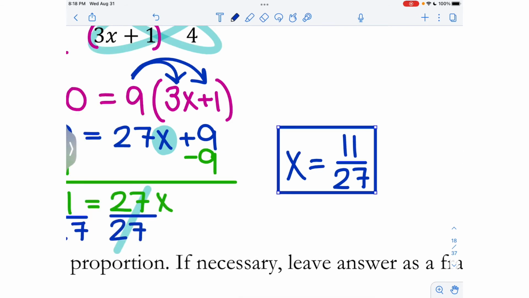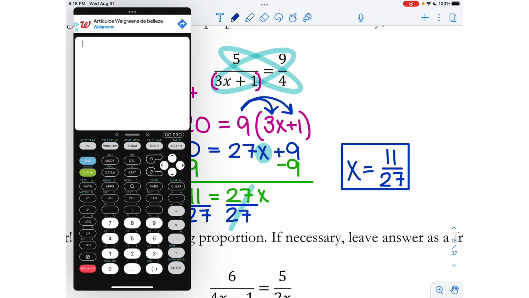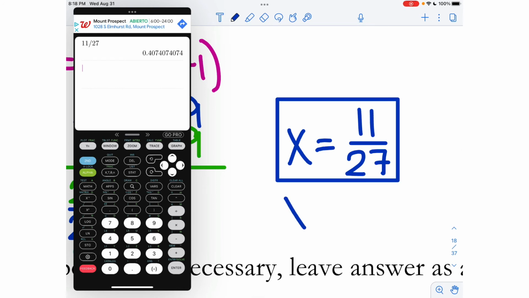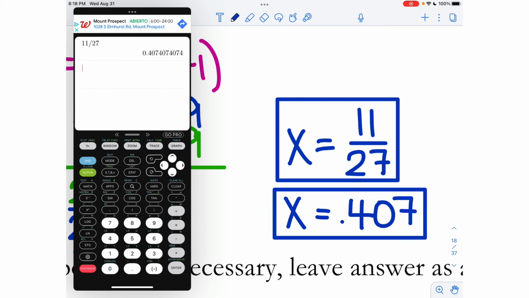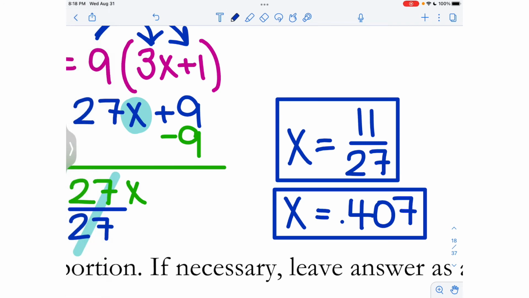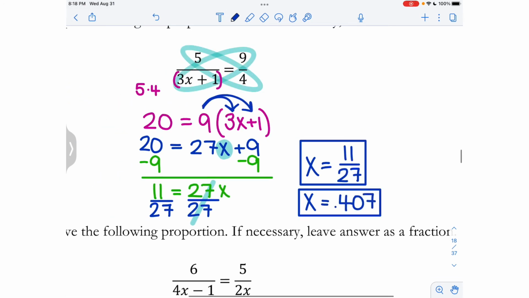If you want to use your calculator, you can do 11 divided by 27 and get a decimal, 0.407. If you're going to get a decimal, you can round it 3 spots. So it is okay to get a decimal answer on these problems.